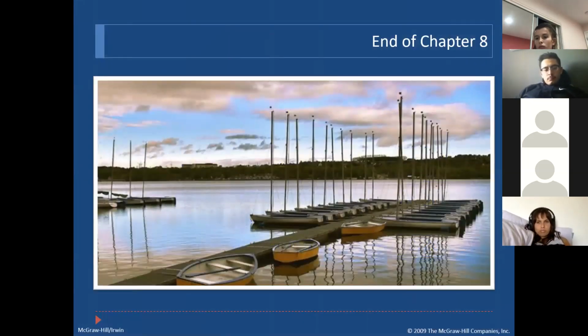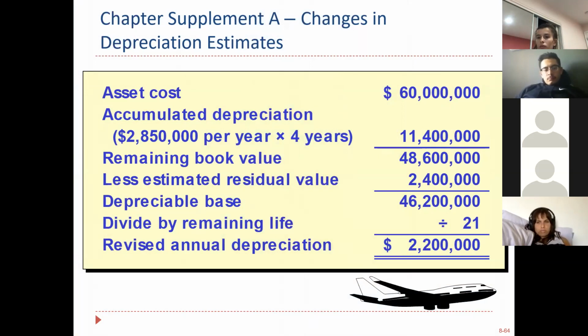End of chapter 8. Chapter 8 is a little tricky toward the end here, I think. Try to keep in mind the difference between depreciation, depletion, amortization. Disposal of a fixed asset.